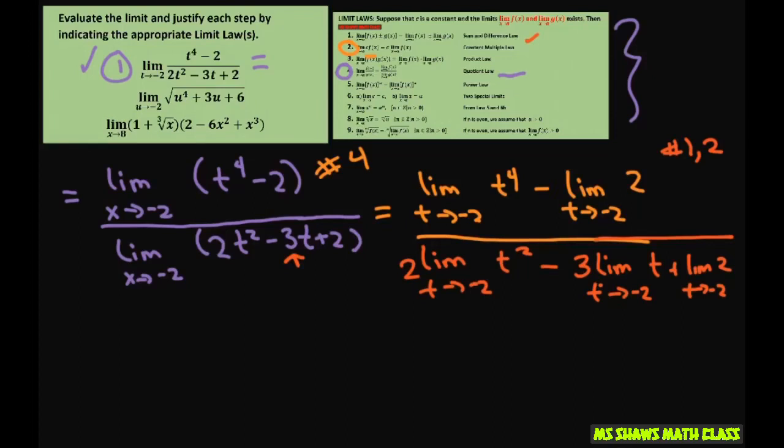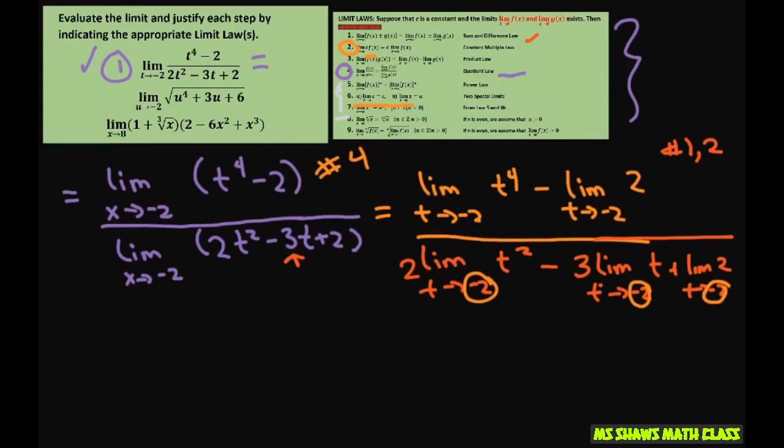All right. Now we're just going to evaluate, so we're using these right in here to evaluate. What you're doing is plugging in negative 2 into all your t's. In this case, we're just using our constant rule here.